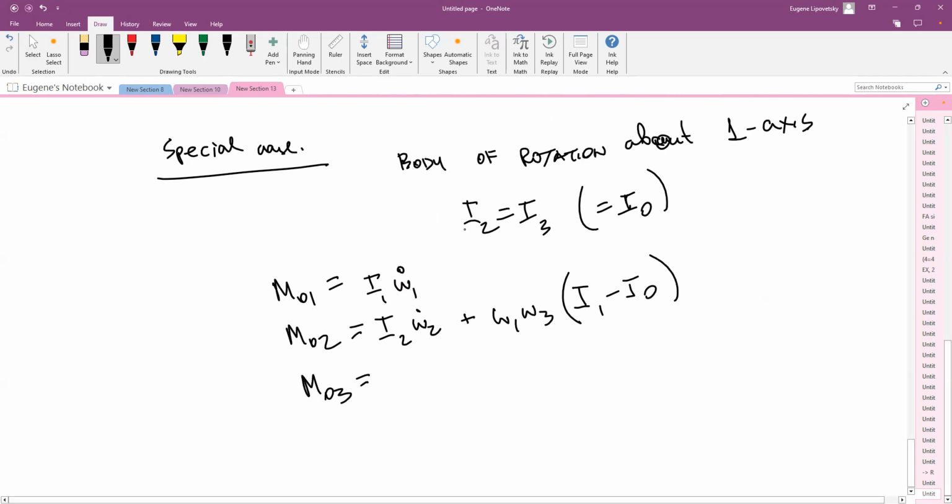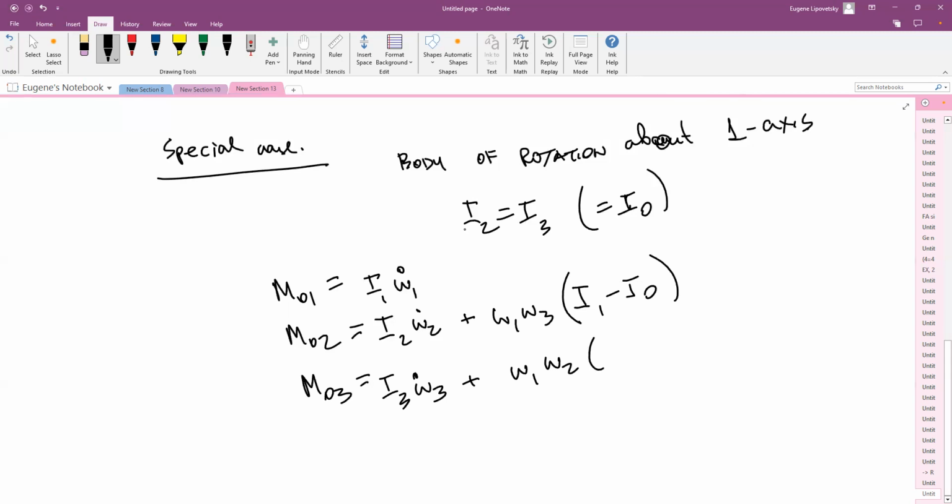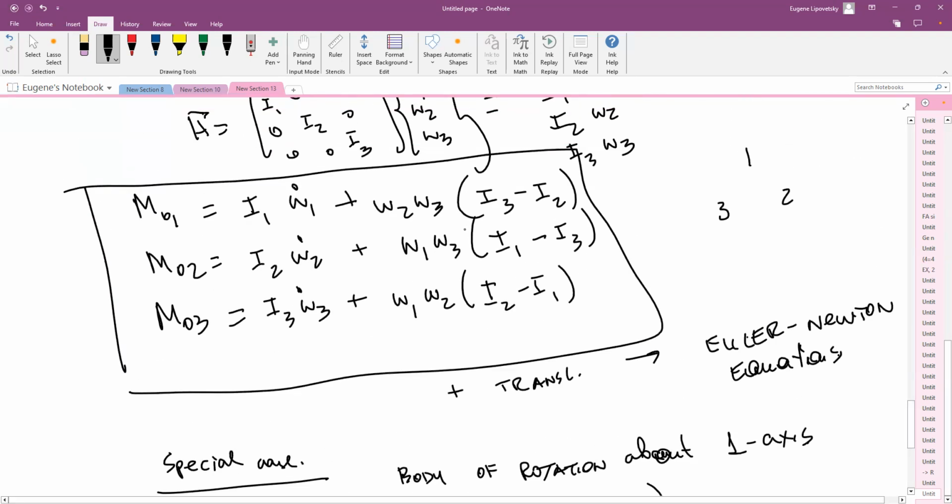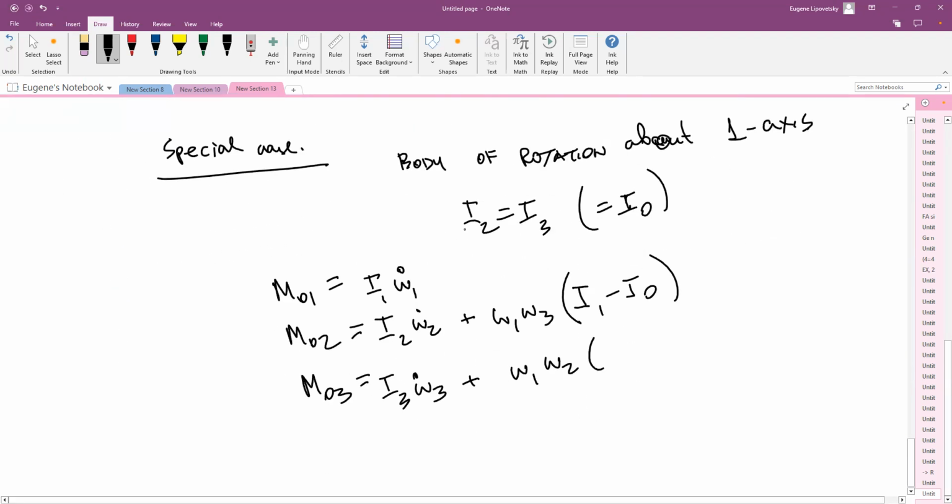M_O3 equals I3 omega 3 dot plus omega 1 omega 2 times I naught minus I1.